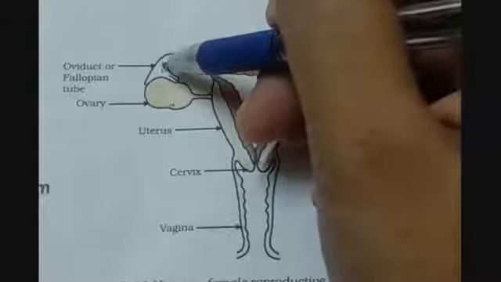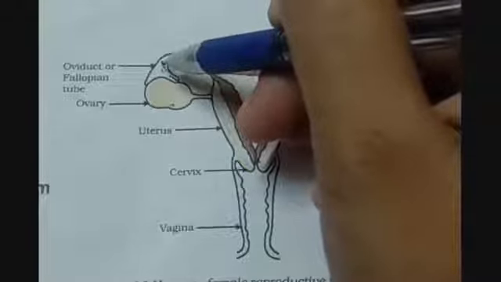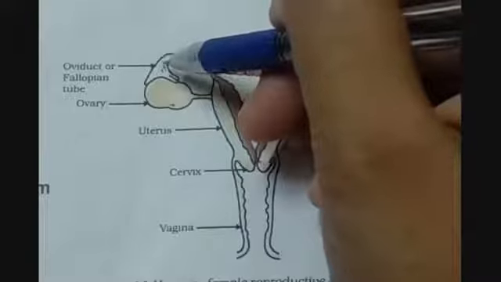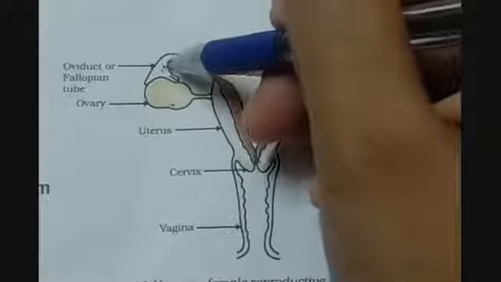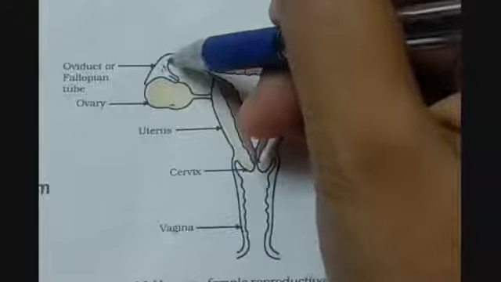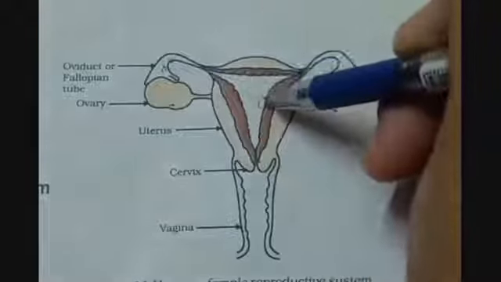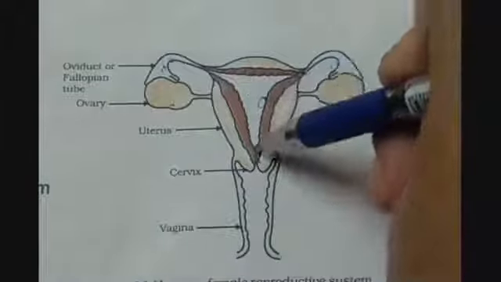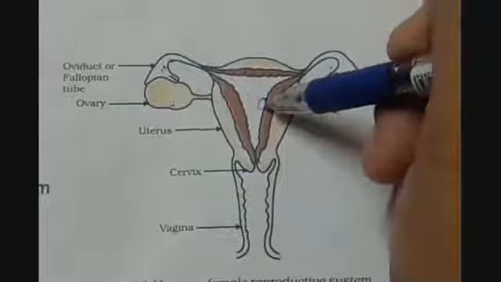Then here itself the zygote divides into multiple cells and the embryo starts developing. So the fallopian tube is basically called the fertilization site, and from here the developing embryo will go and attach to the inner lining of the uterus.